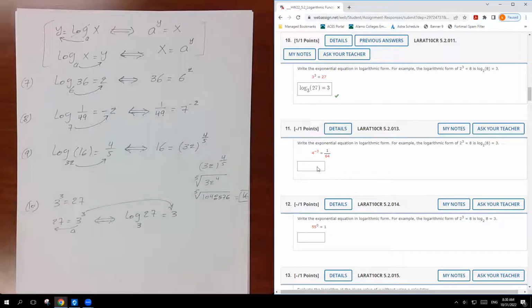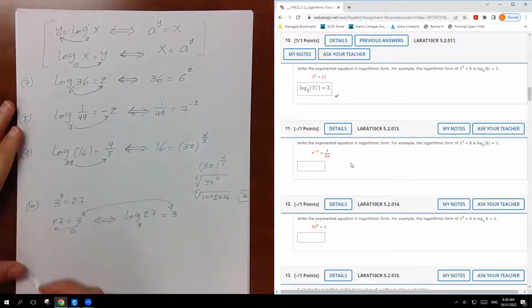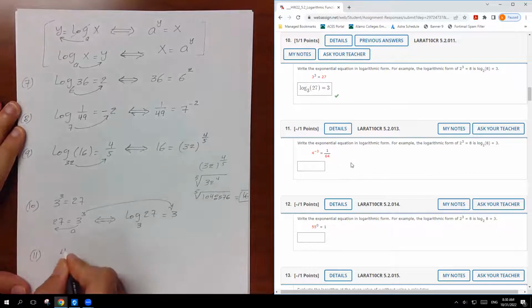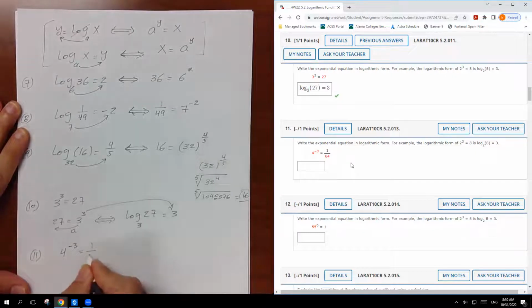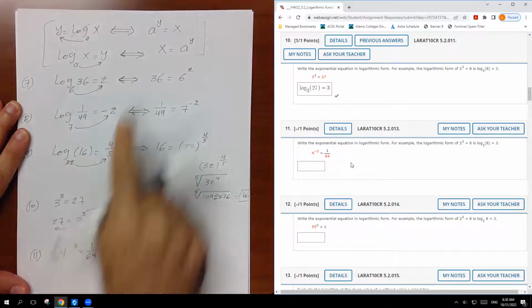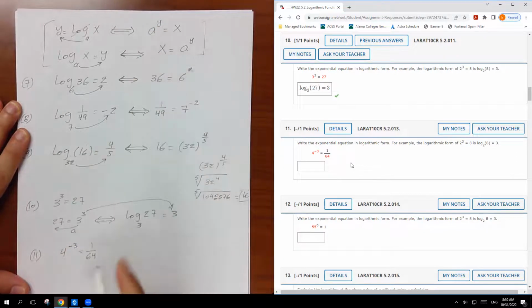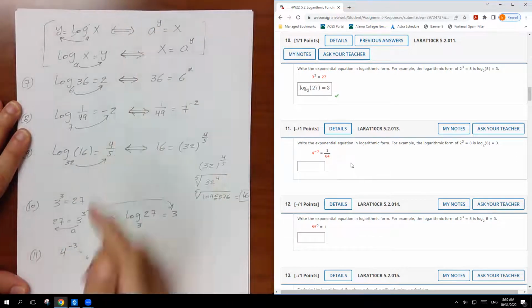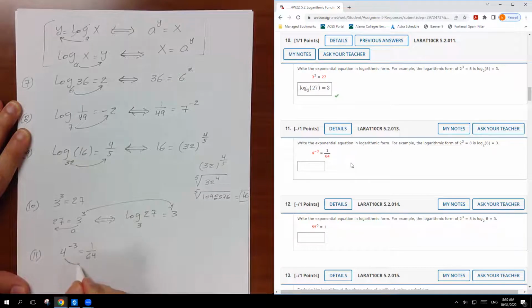For the next one, we have, for example, 11. We have 4 to the -3 equals 1/64. So this is the x, here is the number, and here is the exponent. This is the base. That means if I want to use this rule, I'm going to move the base to the other side.